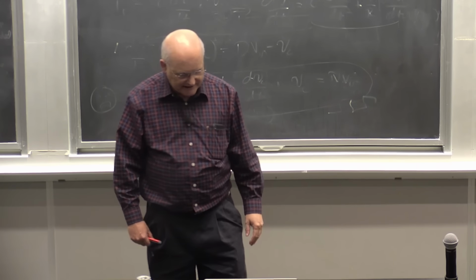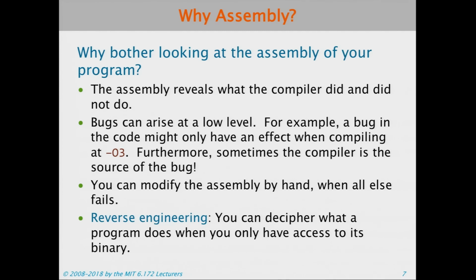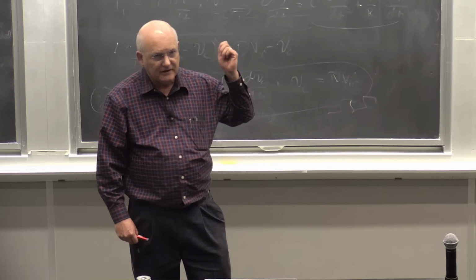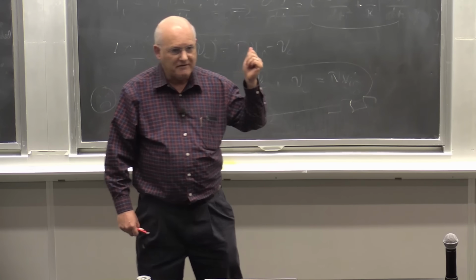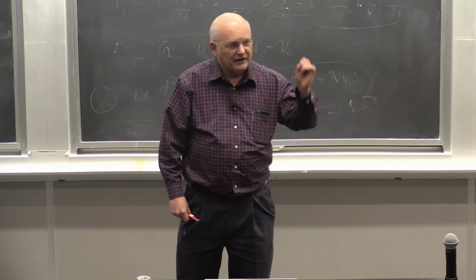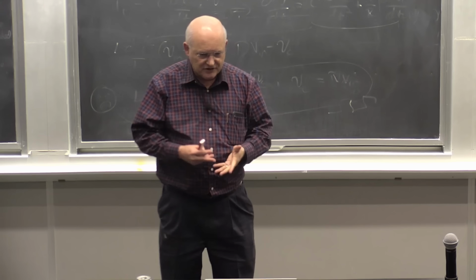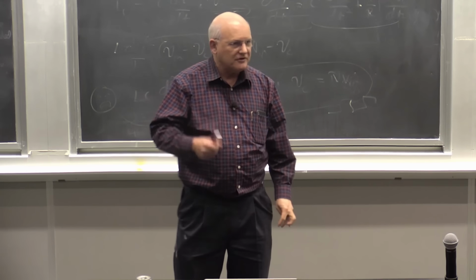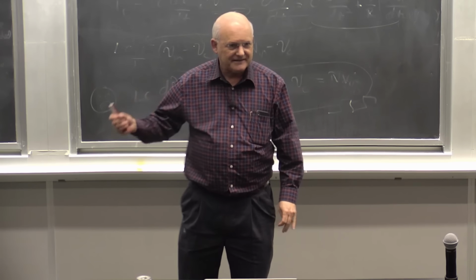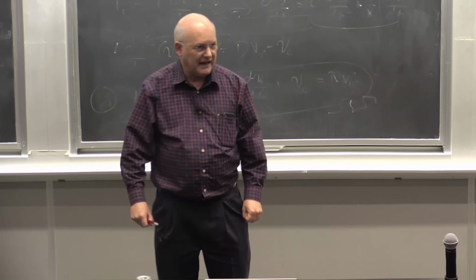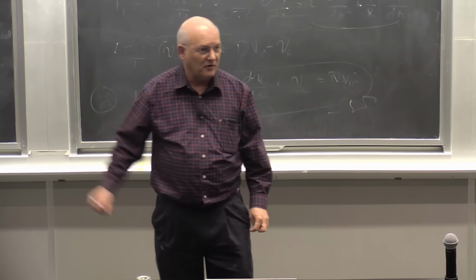And the last reason is reverse engineering. You can figure out what a program does when you only have access to its binary. So for example, the matrix multiplication example that I gave on day one: we had the overall outer structure, but the inner loop, we could not match the Intel Math Kernel Library code.